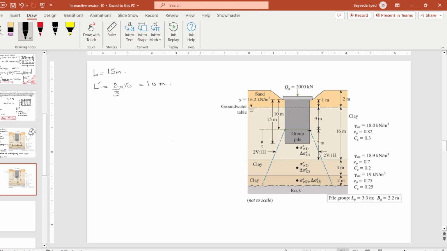In the first layer, this is 16 meters, so at about 8 meters we will have the midpoint. In this question, Qg is directly given, I think. Let me check.